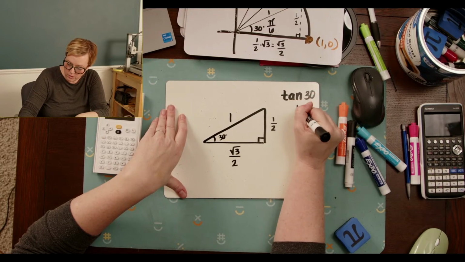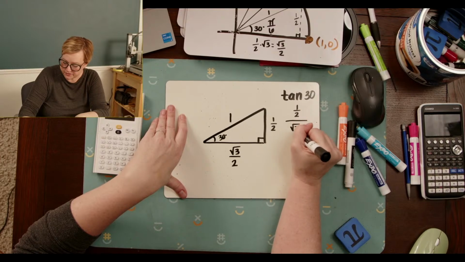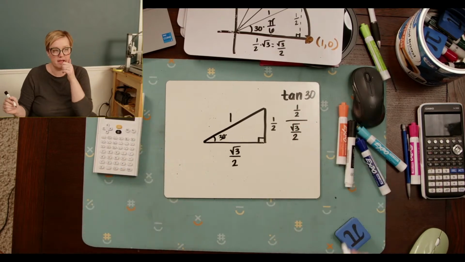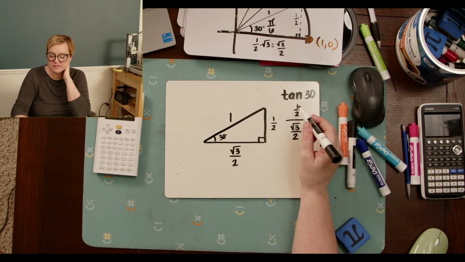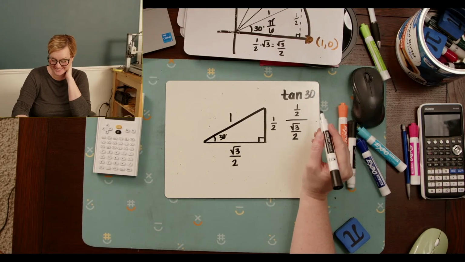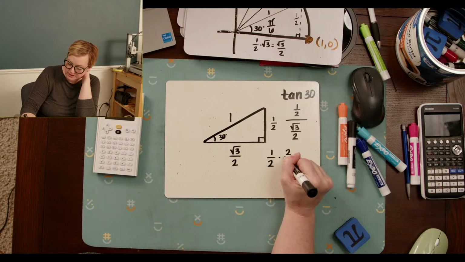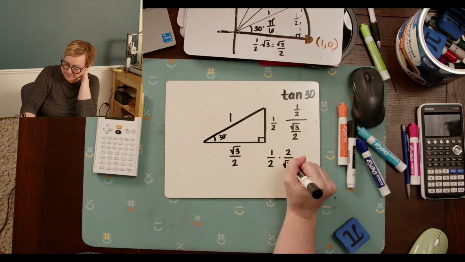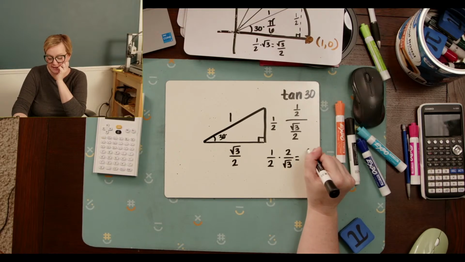That's going to be 1/2 over √3/2. When we're dividing fractions, we flip and multiply by the reciprocal. So we've got 1/2 times 2 over √3. The 2's cancel out, so we're left with 1 over √3.